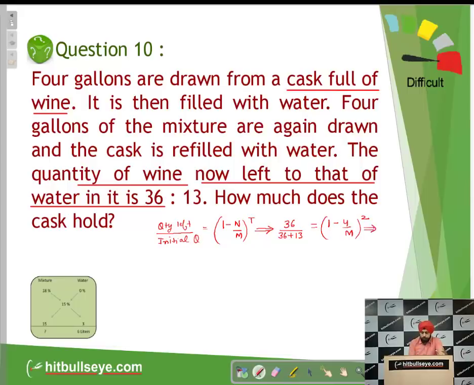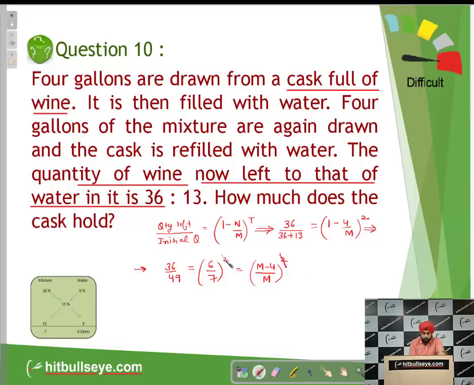Let's move further. In this, 36 by 49, which can be written as square of 6 by 7, is equal to m minus 4 by m square.